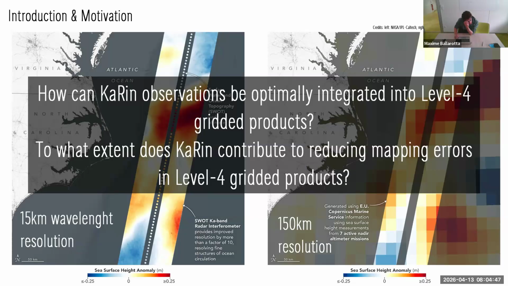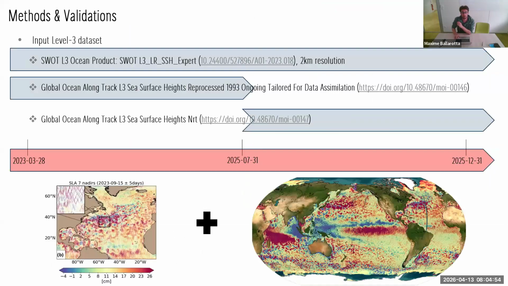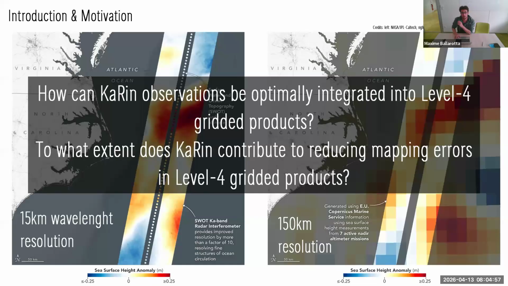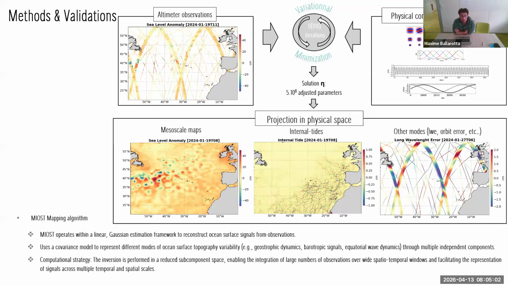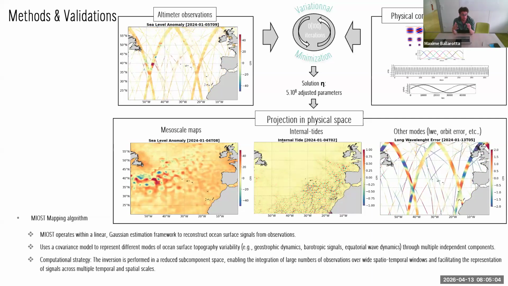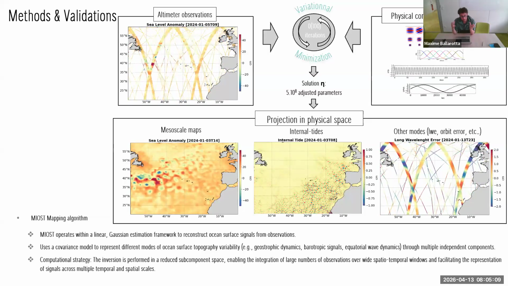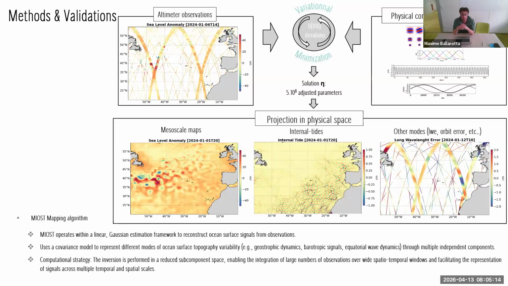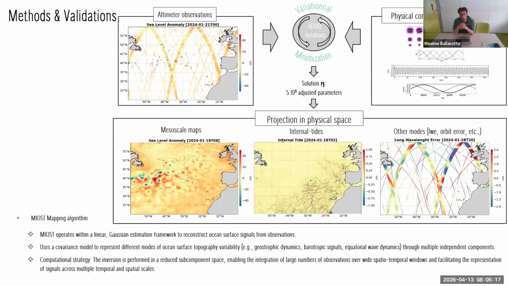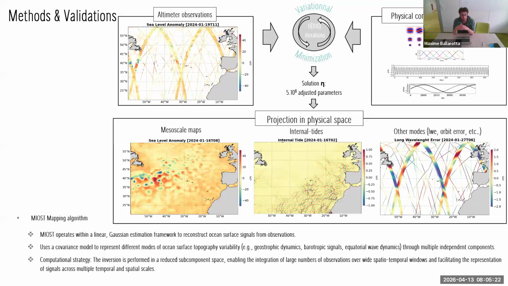At CLS, we are mainly working on the tool developed by Clément Ubelmann, the MIOST system, which takes as input altimeter observations, and physical components are declared as a wavelet basis, and the variational core minimizes the system to finally produce a map of mesoscale.